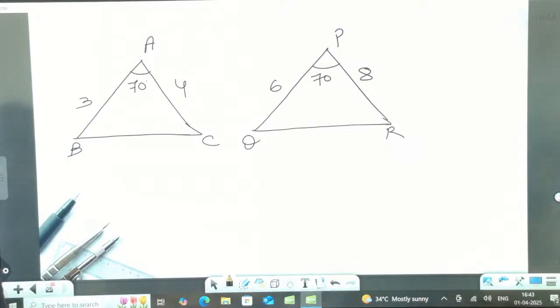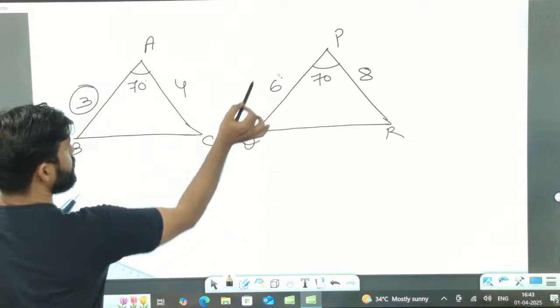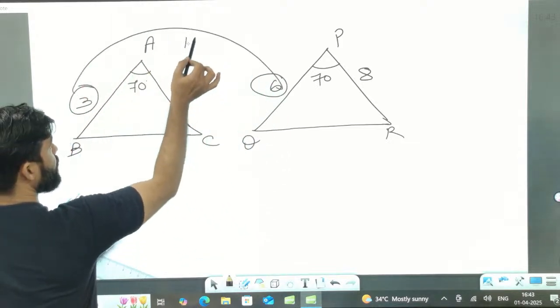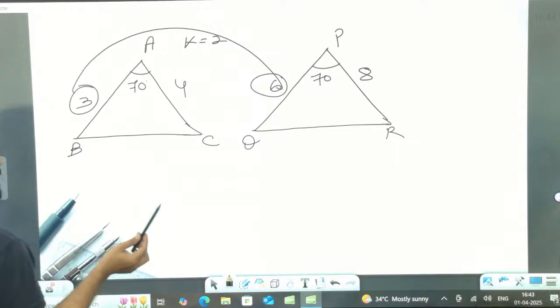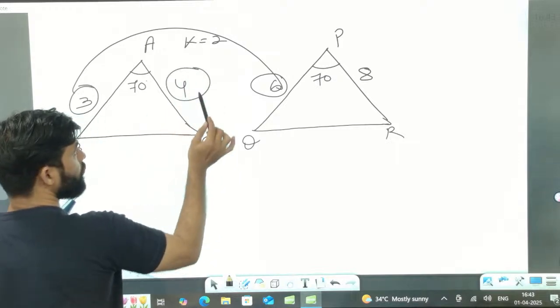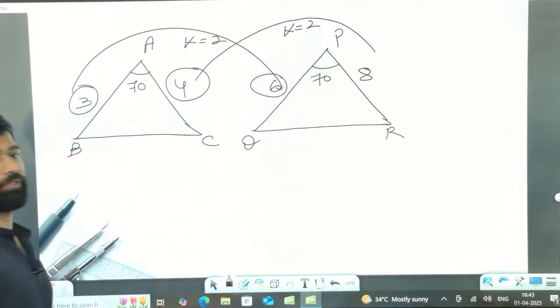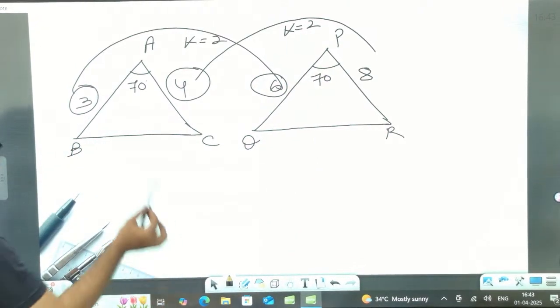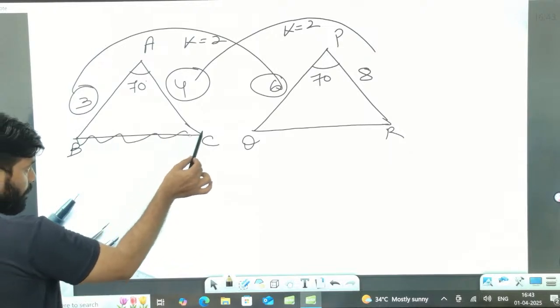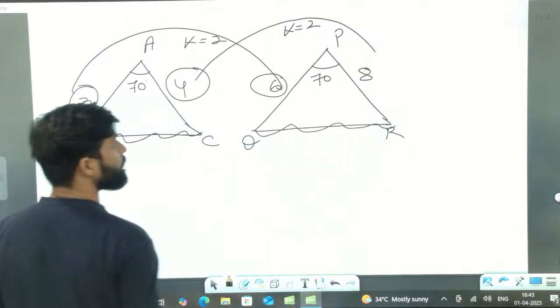Are these two triangles similar? Similar. This side, 3 to 6, so the k factor is 2. And the angle between, so this 4 and this 8, so the k factor is 2. Now the next thing is, if we don't have the same k factor for this, we can check the angle also.